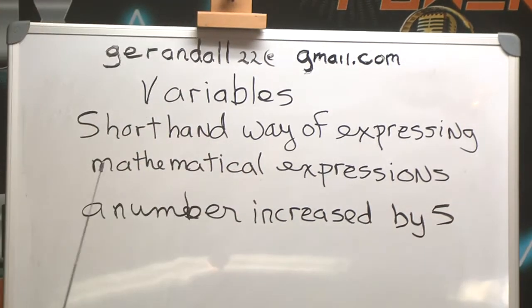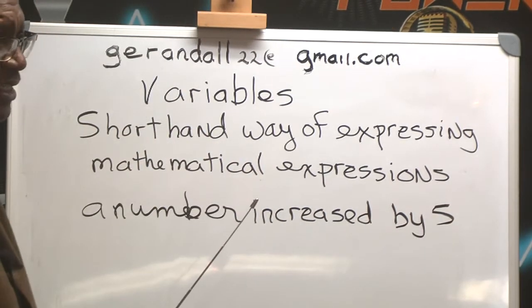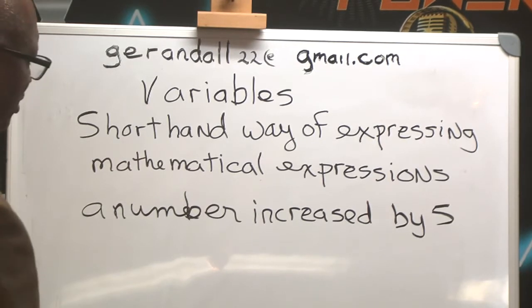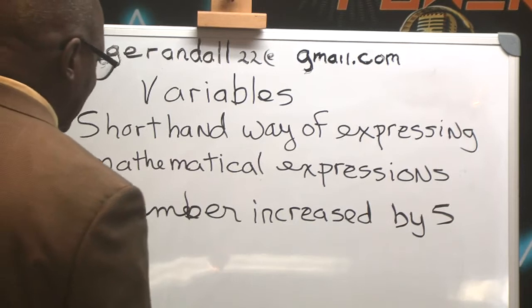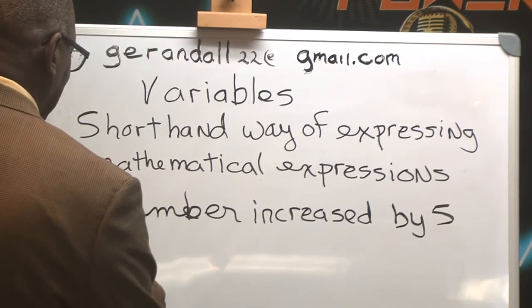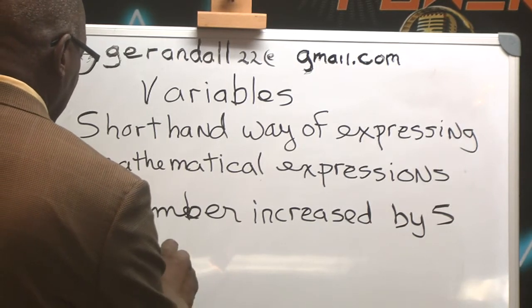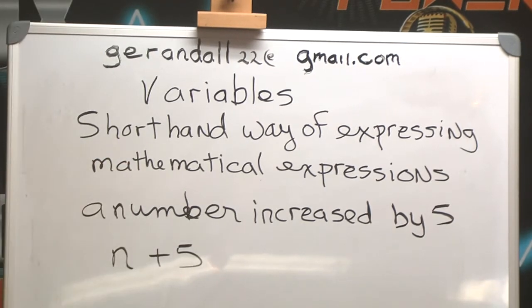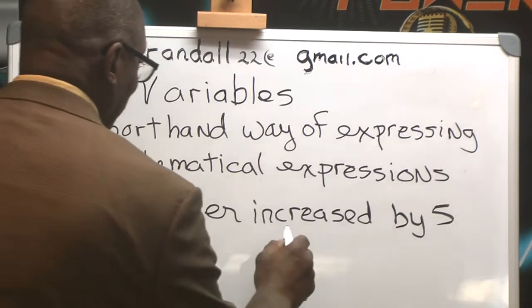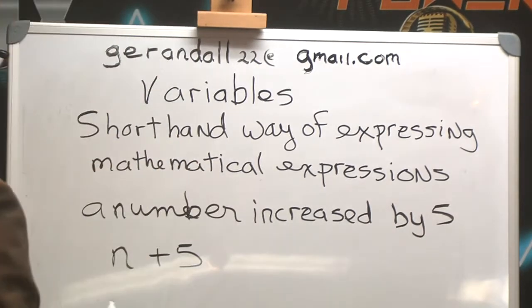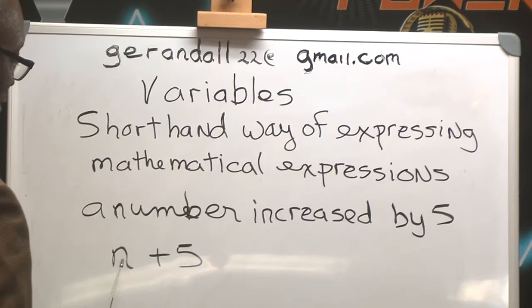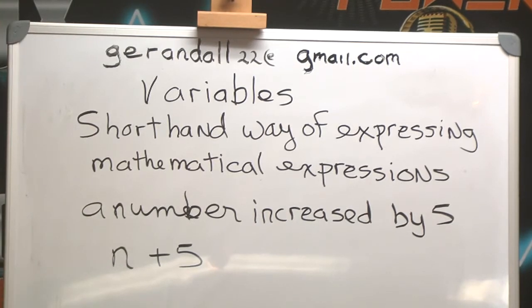And again, a variable can be used A through Z. I don't expect you to use the letter X because you might get it confused with multiplication. So again, we'll use a number N increased by 5. I think for our shorthand expression, I'd want to write N plus 5.